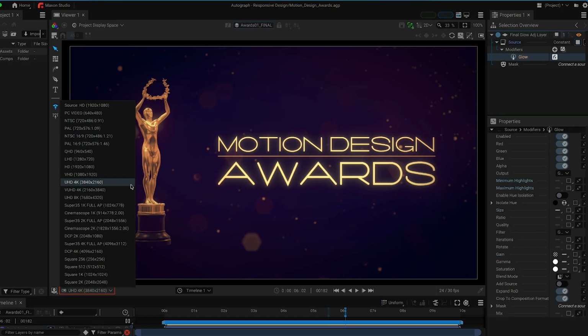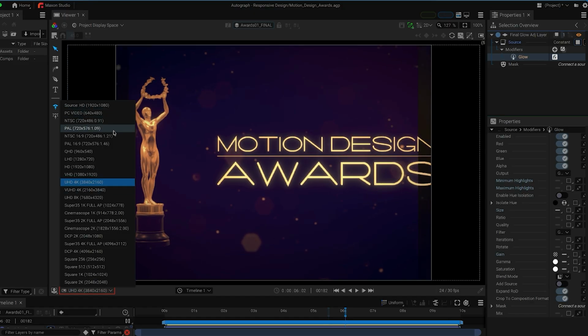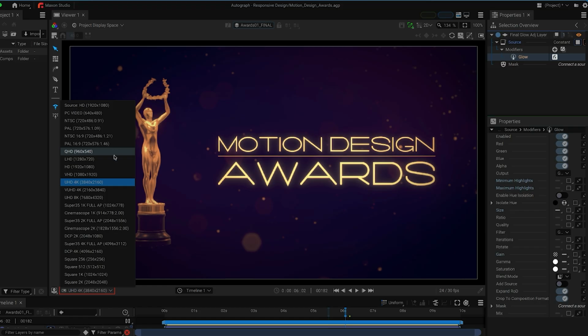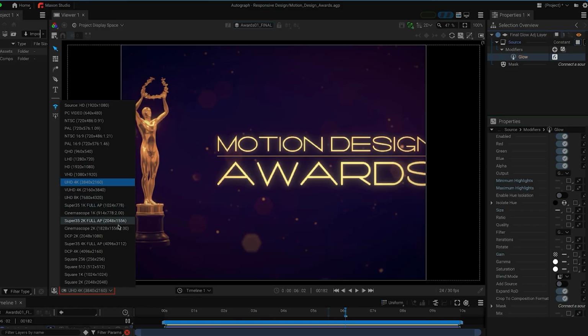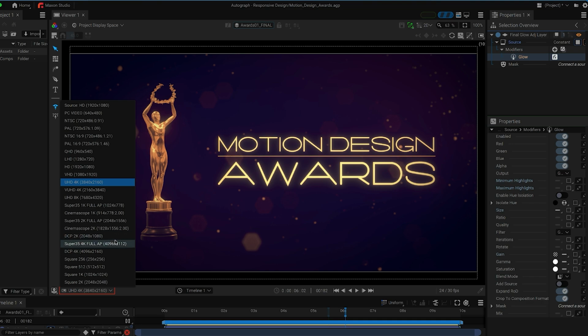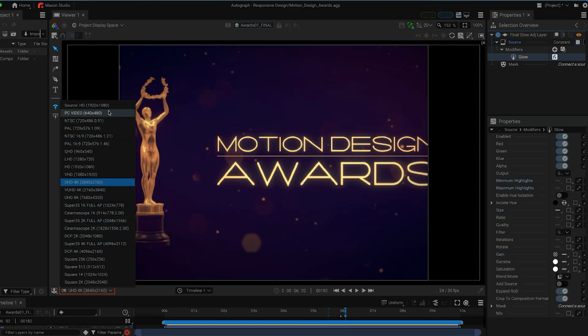In this case, the project isn't that advanced, but still, I have an HD comp, and as I'm rolling over, it's making these calculations and multiplying all of these properties throughout the entire project by that multiplier factor. I think this is a phenomenal showcase of just how powerful Autograph is, that you can roll over your mouse and it makes all of these very advanced calculations under the hood to all the properties within this composition so quickly as I'm just rolling my mouse over.